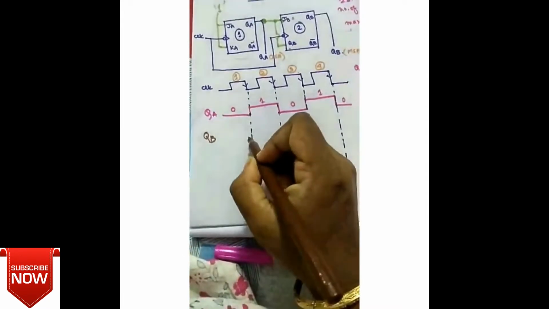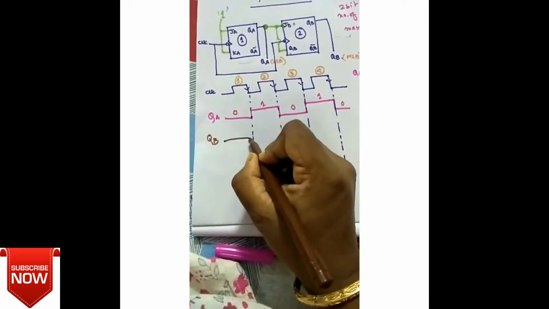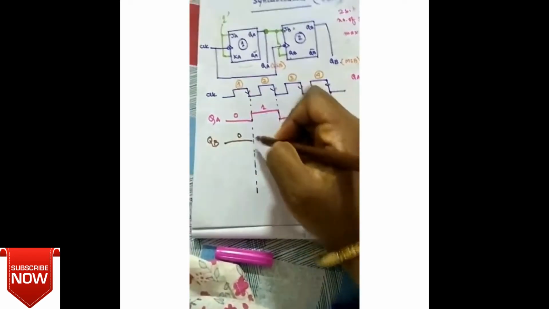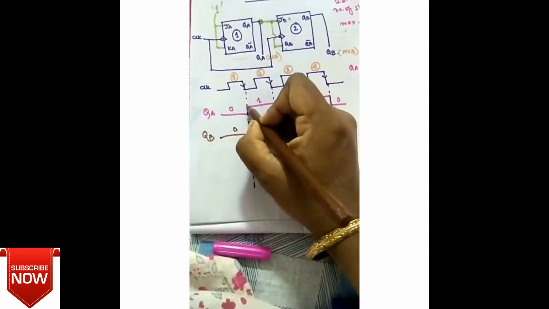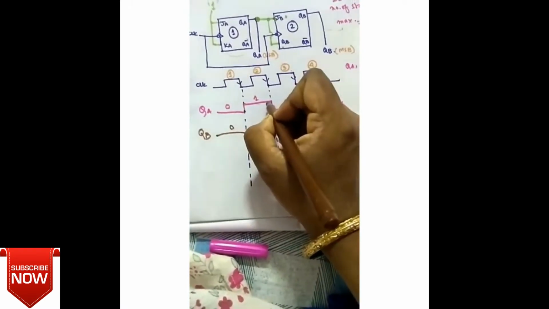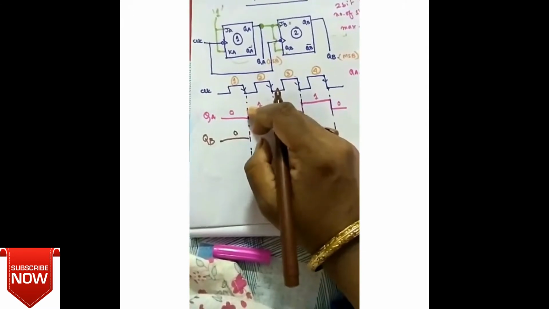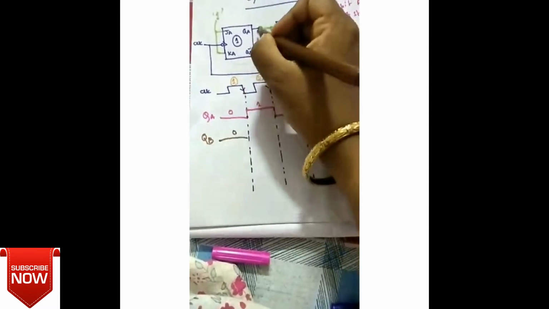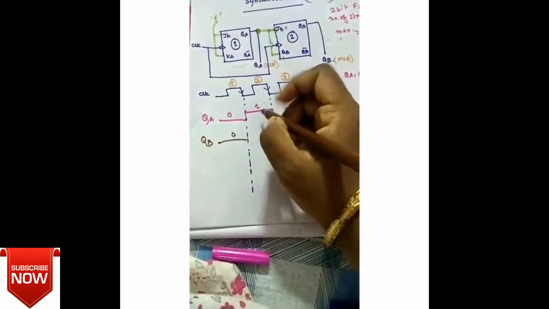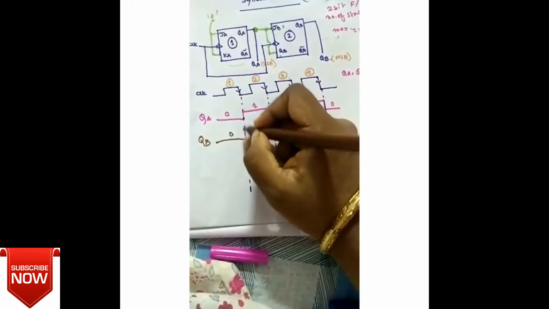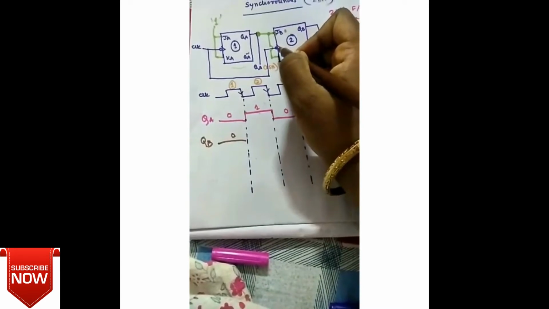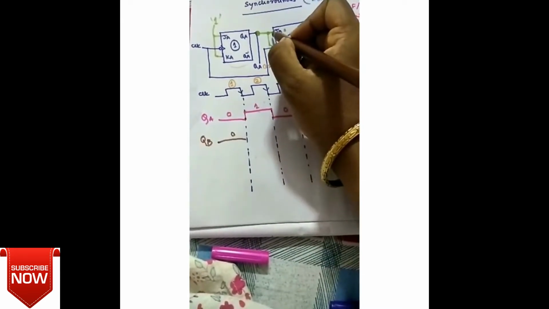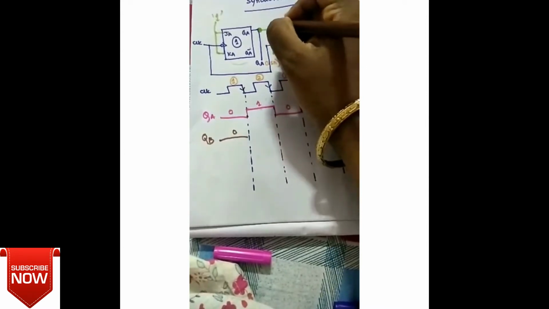Now initially QB is 0. Now on this falling edge, this QA changes its state, but before this QA is changing its state from 0 to 1, at that particular time this QB is taking 0 as its input. So here it is now 0.